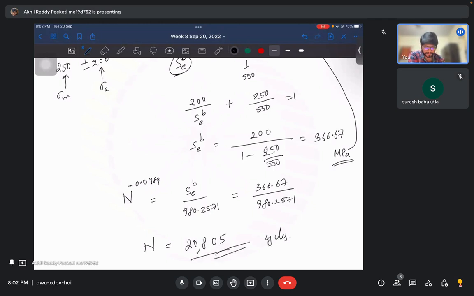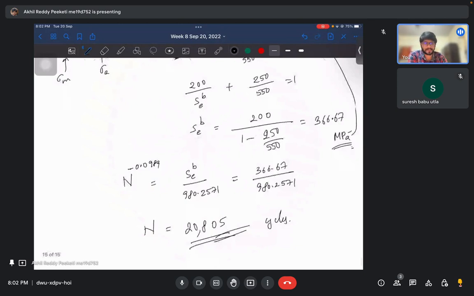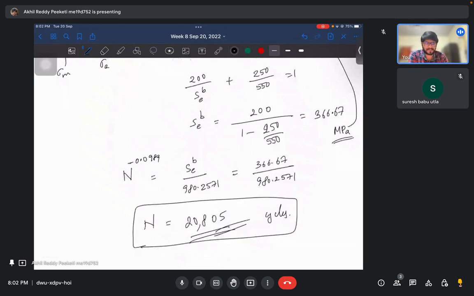So almost 20,000 cycles. So this is how you can estimate life in the case when you are given both alternating stress and the mean stress. Is this clear, Suresh?